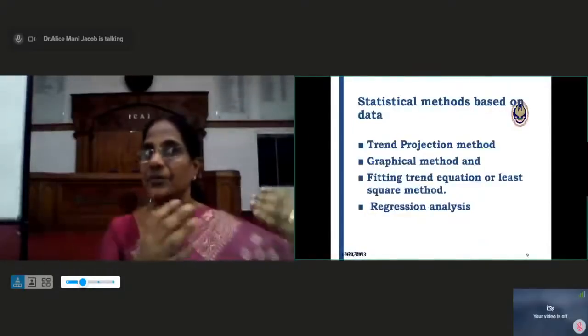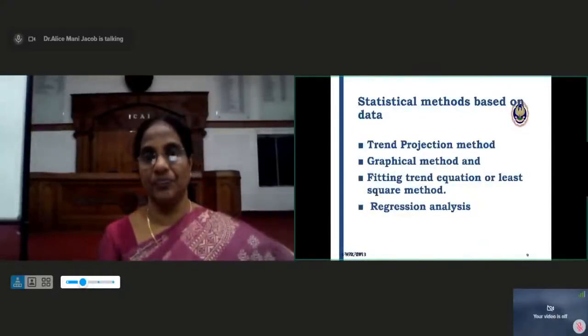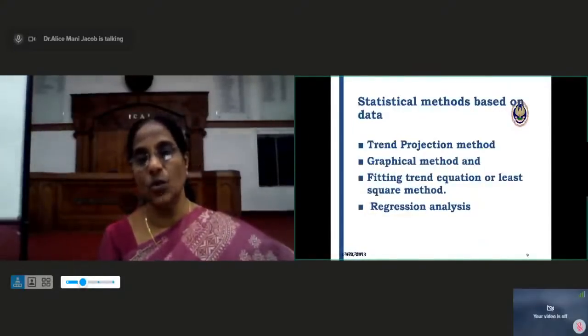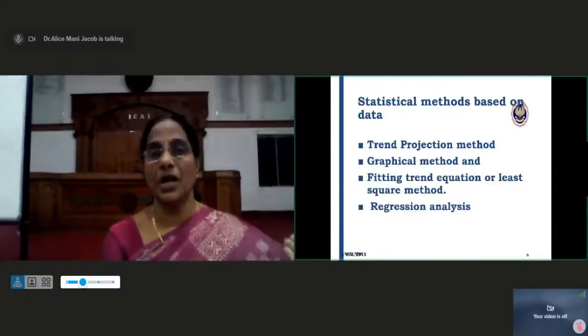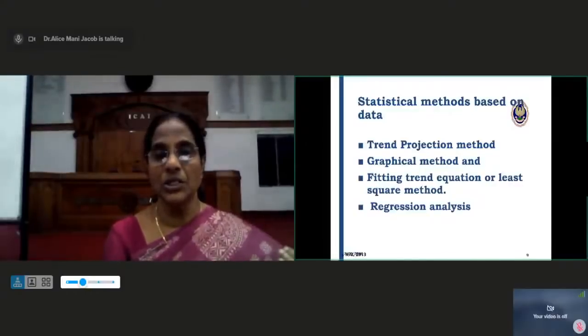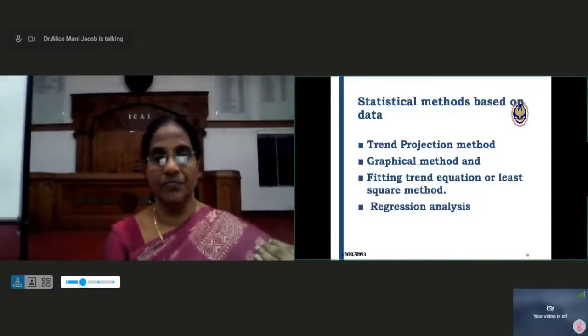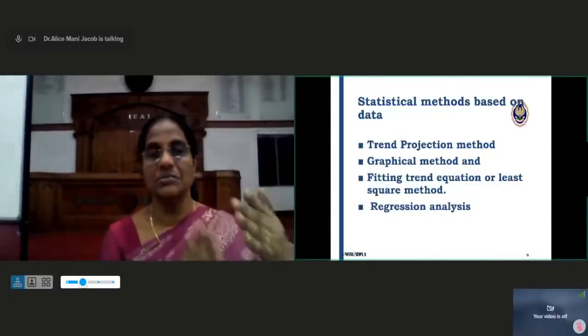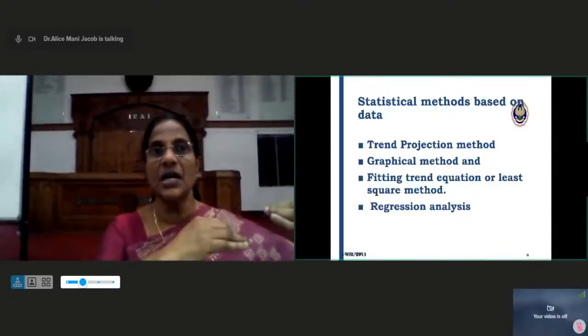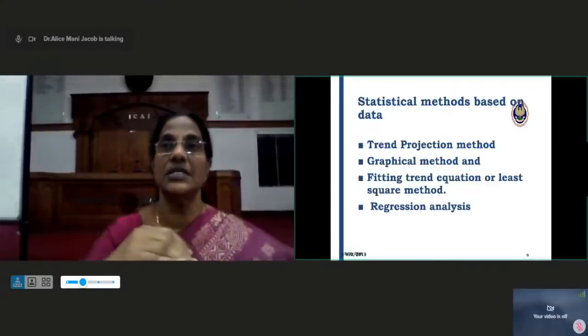That is, if this is the relationship existing between two variables, say, for example, production of electricity and the price of electricity, or the consumption of electricity, you find year after year the consumption of electricity is increasing.